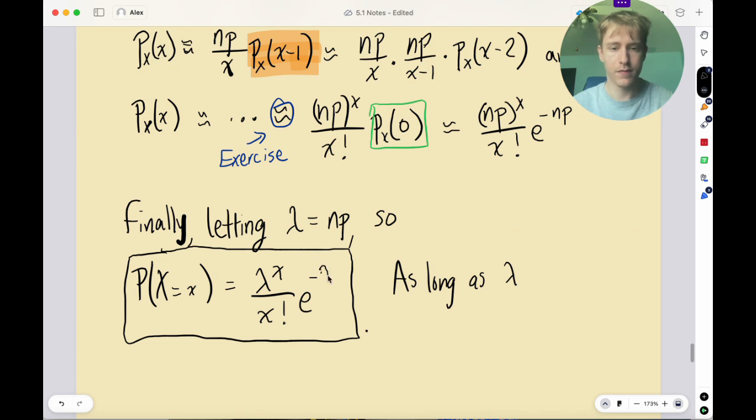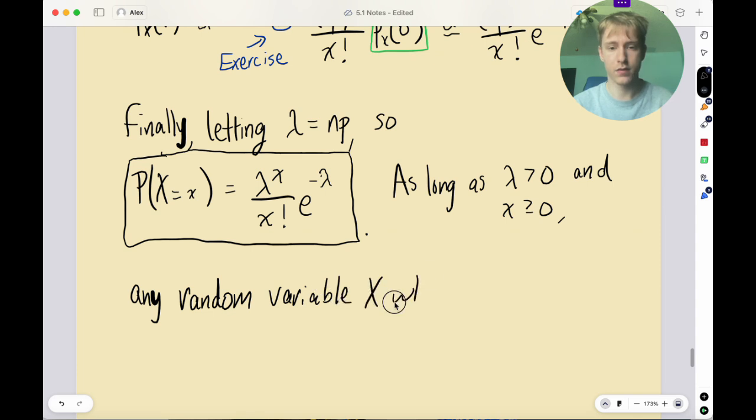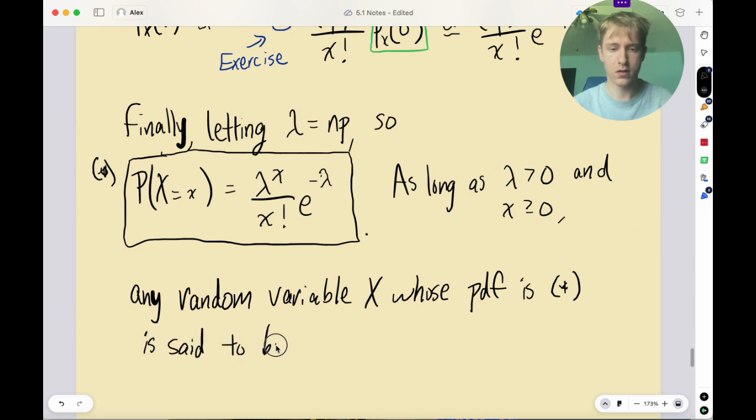Okay, so as long as lambda is positive, and as long as x is not negative, then any random variable X whose PDF is star, which we can go ahead and call this star, is said to be Poisson.